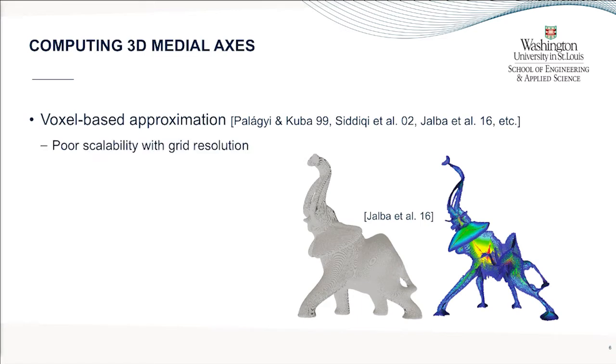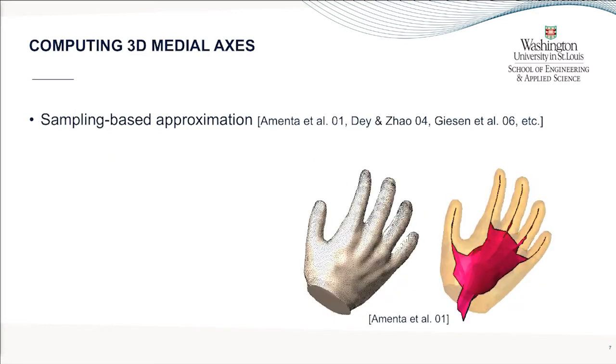However, all these algorithms need to store and process all the voxels inside the shape. That means that they don't scale up really well as you increase the voxel resolution. Another unsatisfying aspect is that theoretically they don't give you any guarantee on how well their results approximate the medial axis.